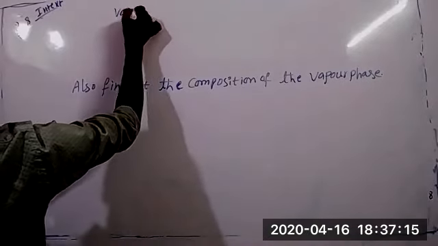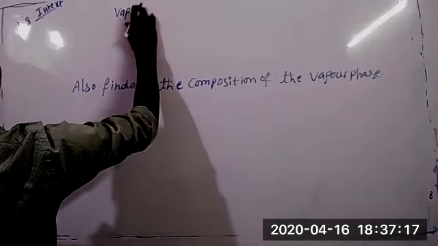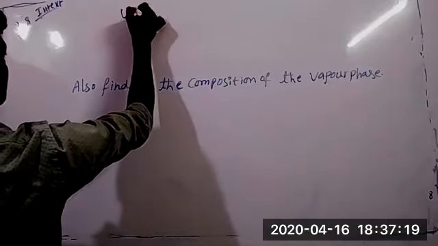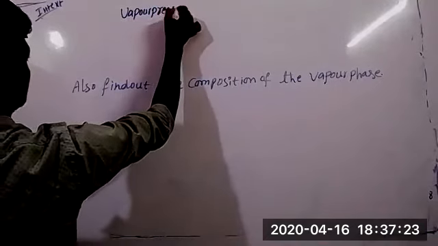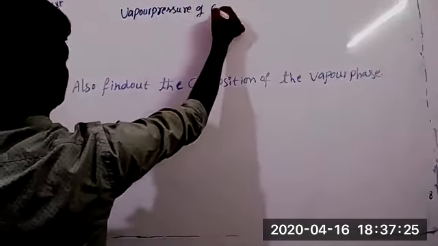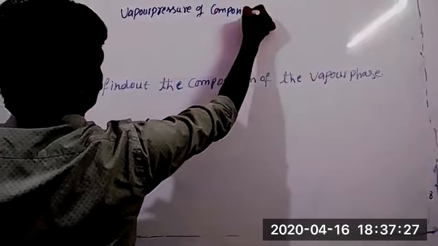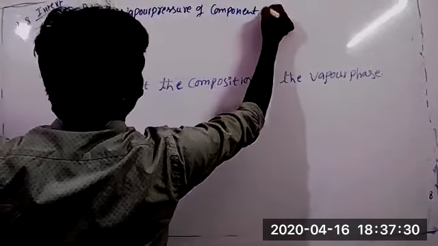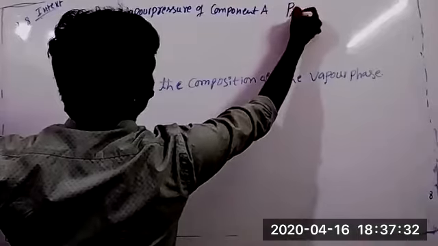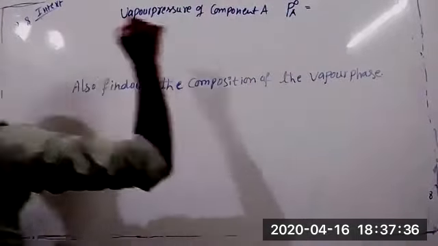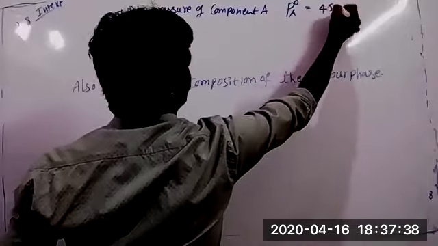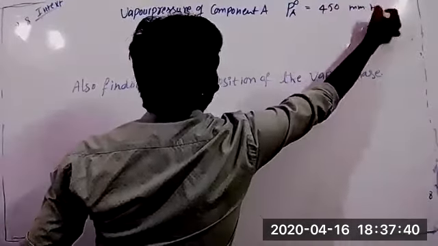Vapor pressure of component A, PA power 0 is equal to 450 mmHg.